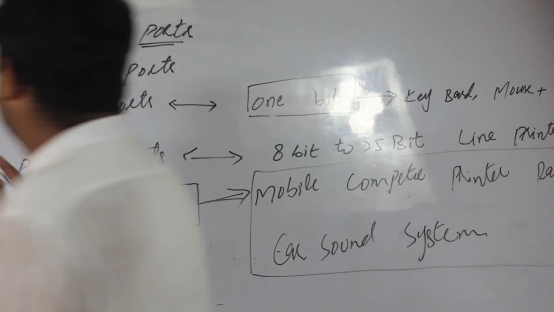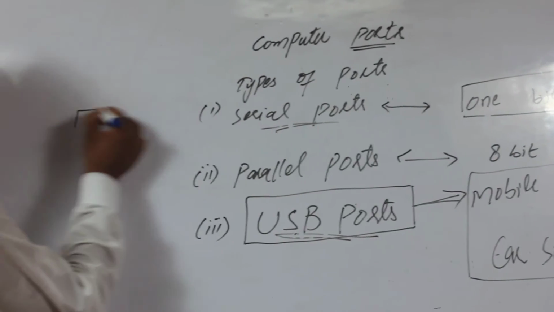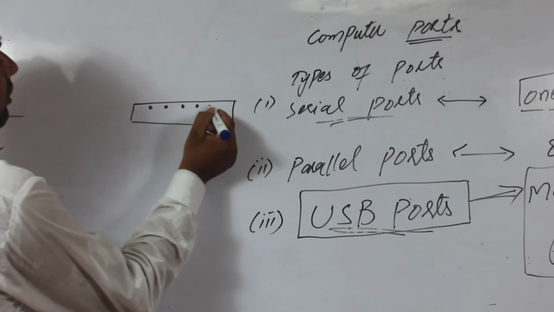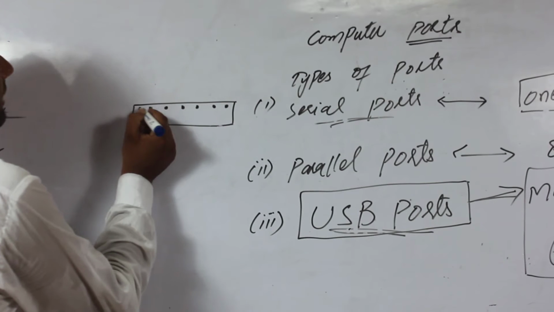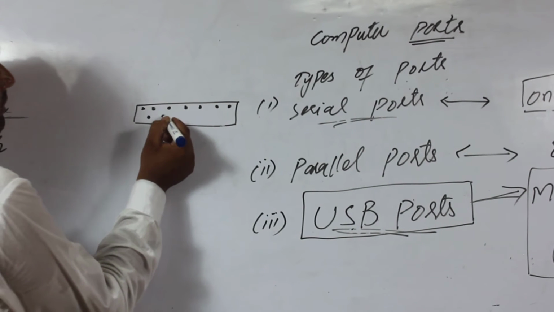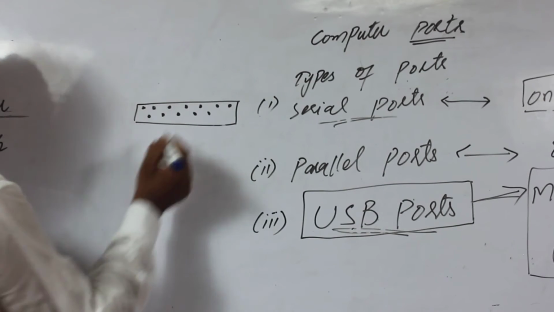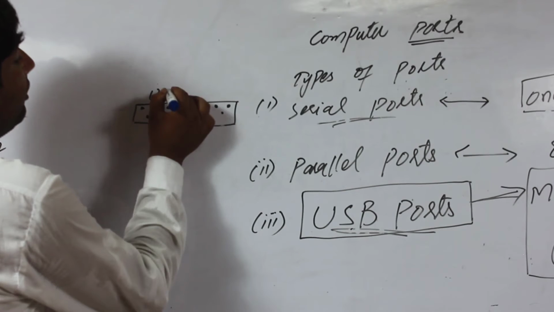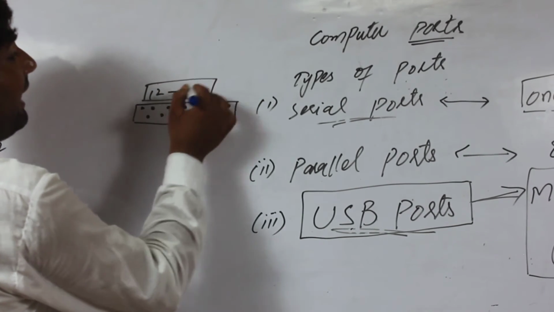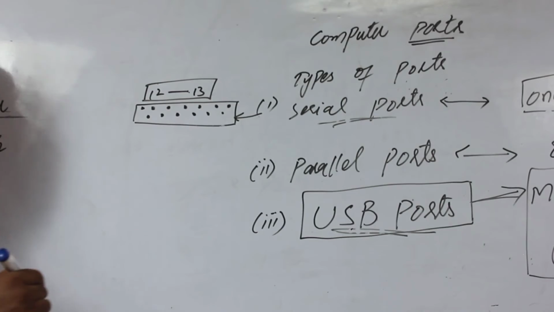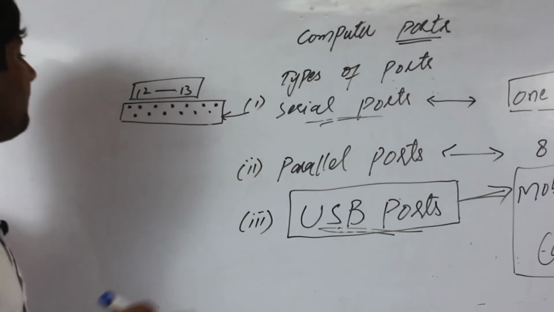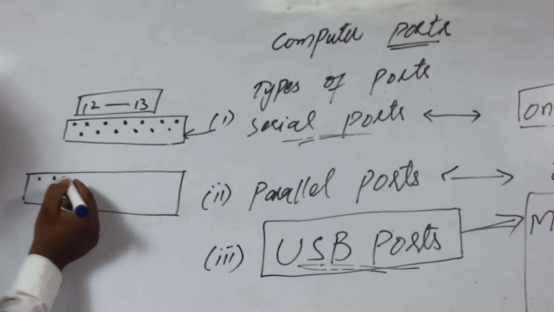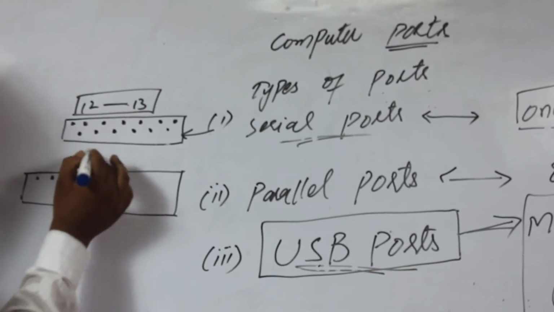The serial port is shaped with pins in the form of 1, 2, 3, 4, 5, 6 and 7, and below, pins 1, 2, 3, 4 and 5. We can say that 12 or 13 pins are attached in a serial port. But the structure of the parallel port has 25 pins.